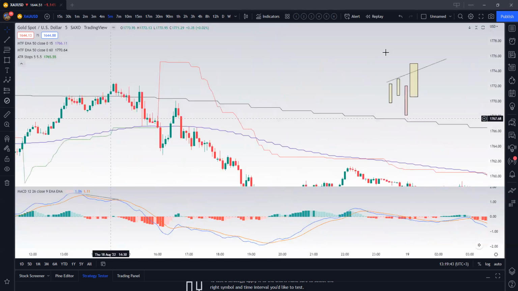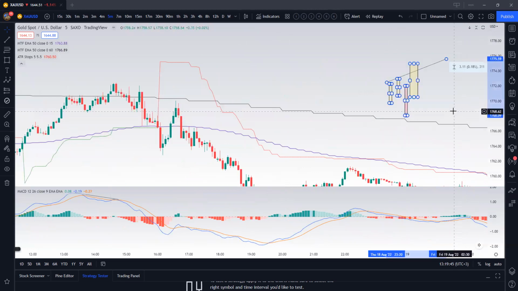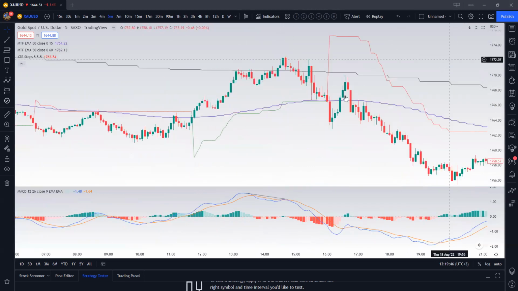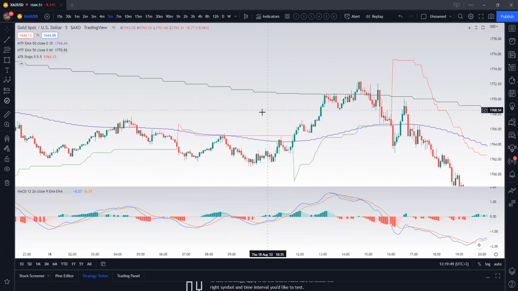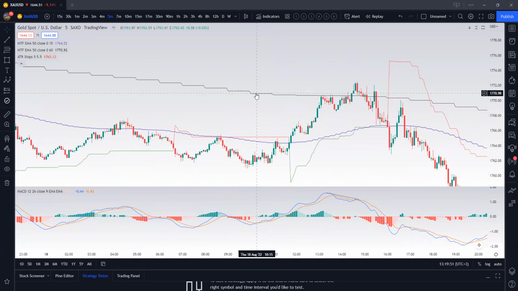So in our strategy, what are we going to do? Our strategy is very, very simple. What you need to know is that in a bearish trend, we need to have the moving average, which is the black one, above the purple one.